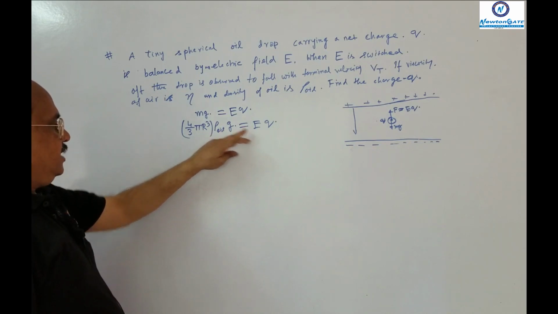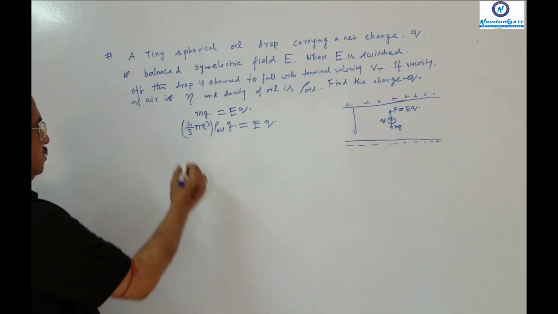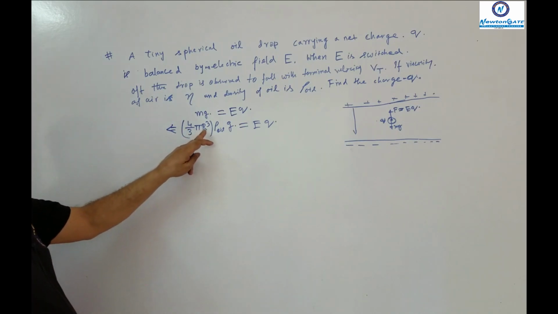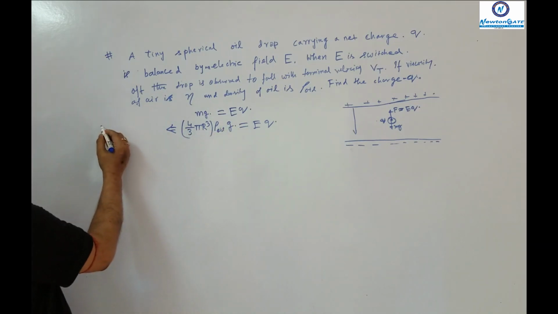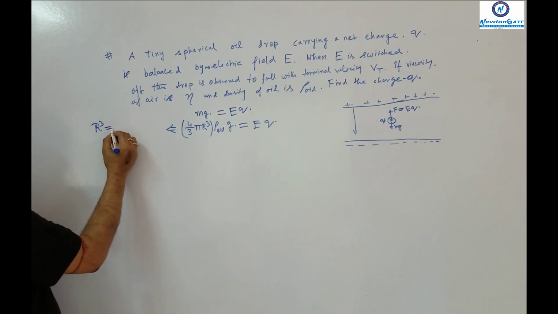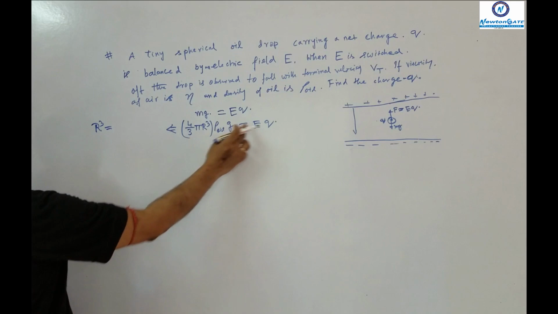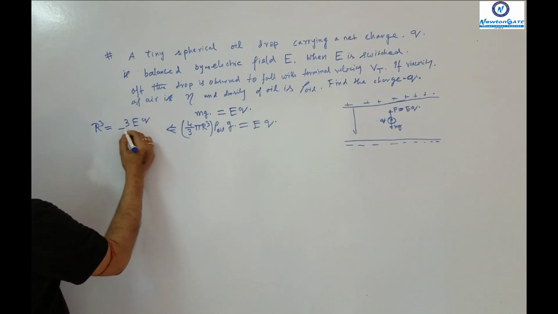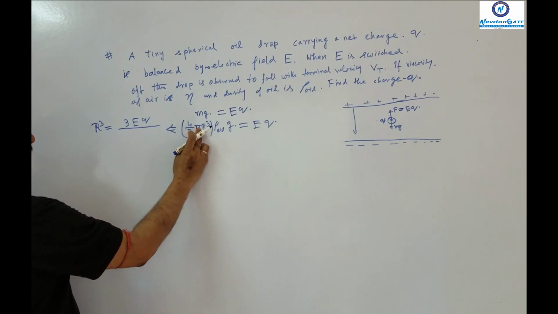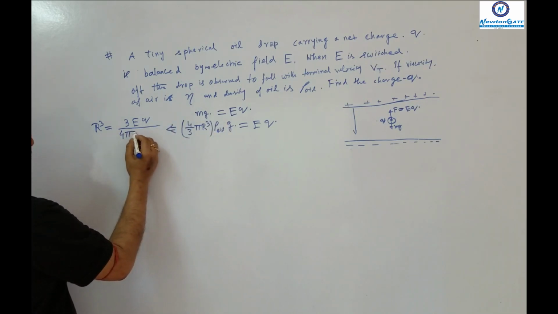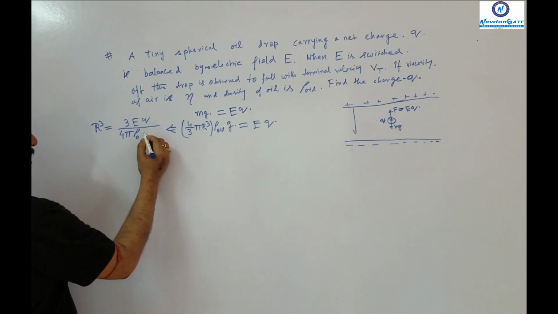From here, I have to find this r cube. R cube I am getting as 3EQ divided by 4 pi rho oil into g.